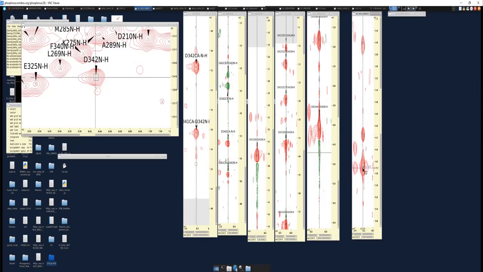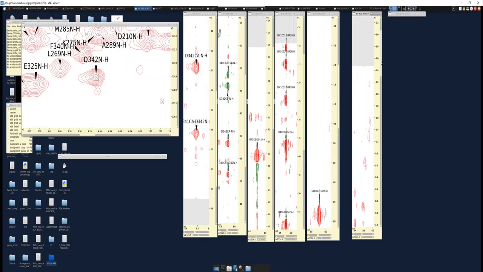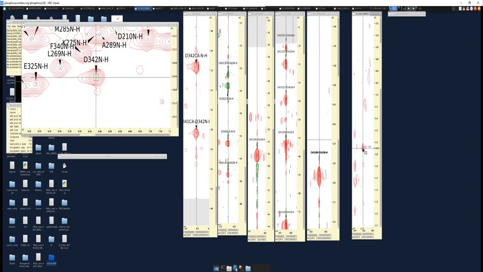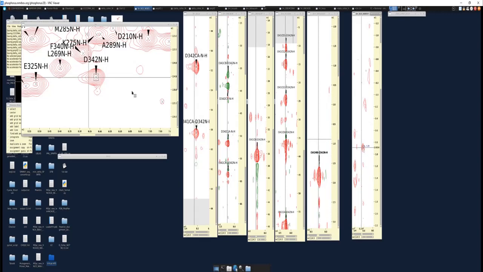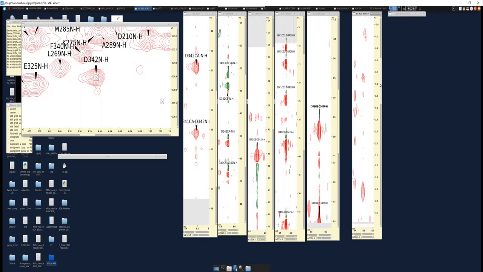You'll have something sometimes at around 4.7 or 6. This will usually be the water peak. And here we have something at 4.1. This is in range for the H alpha, something at around 2.6. This is probably a nearby H beta. And we have a methyl group here as well, probably the methyl group of this I-1 isoleucine.